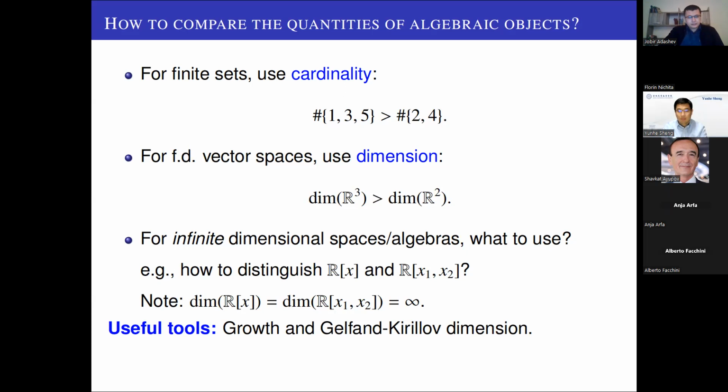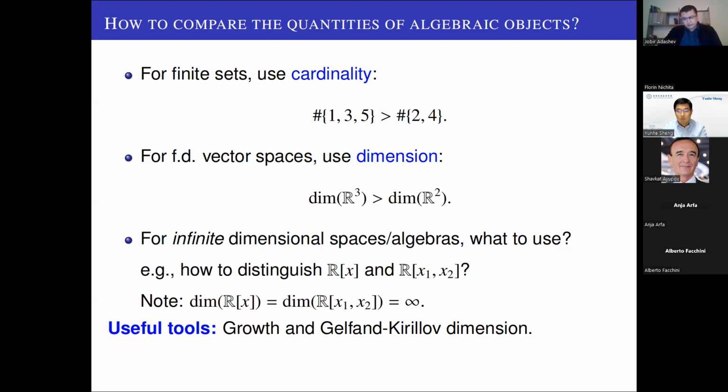For example, how to distinguish these 2 polynomial algebras. The first one is with only 1 indeterminate, and the second one has 2 indeterminates. How to distinguish them? Here, the dimension of both of them is infinity, so we cannot use dimension to distinguish them.